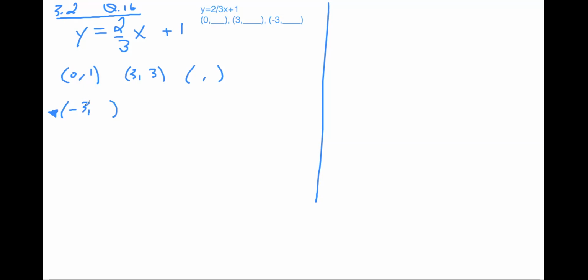So again, same thing, we're gonna take -3, plug it into the equation and find y. So y is 2/3 times x, what's x again? -3. That's right, it goes here. So x is given, so this is x and this is y, plus 1.